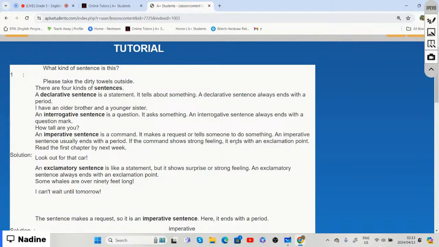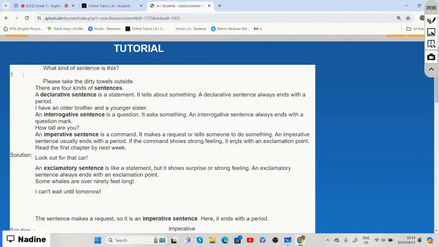All right. So, like I say, an interrogative sentence is a question and it asks something. And if you forget what interrogative means, then you can just think of somebody going to jail and they're asking them a lot of questions because they're in the interrogation room, right? And an interrogative sentence always ends with a question mark.